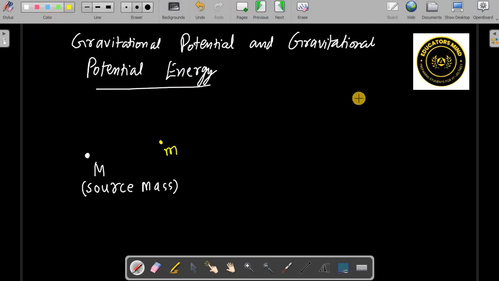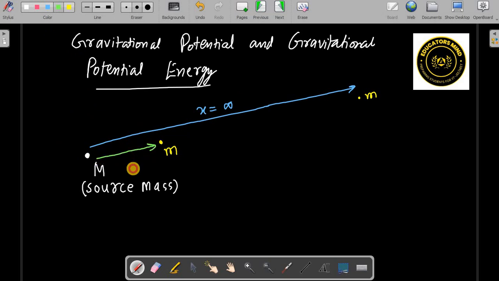Let us say that initially the separation between them is very large. Let us say the separation between these two masses, x, is infinity. Now you want to bring that mass to a distance of x equal to r.